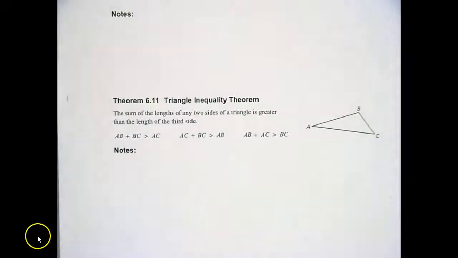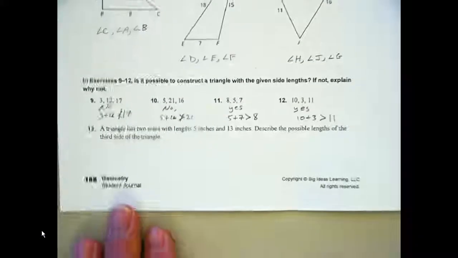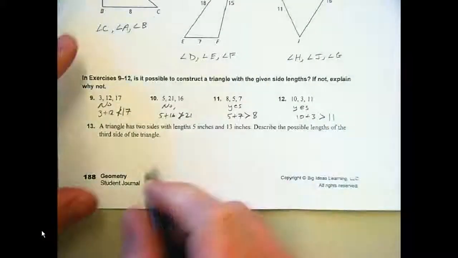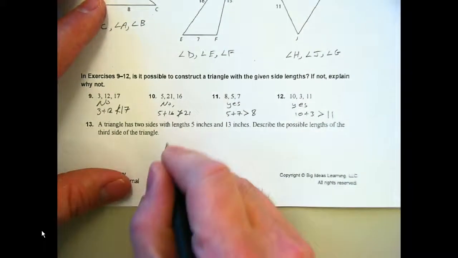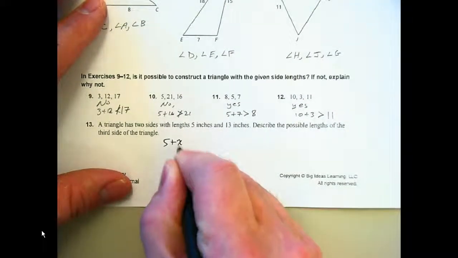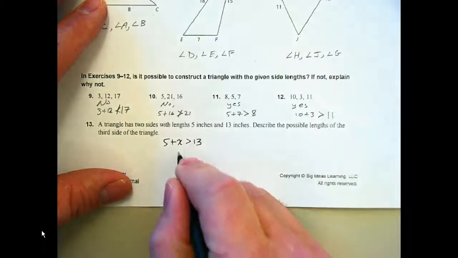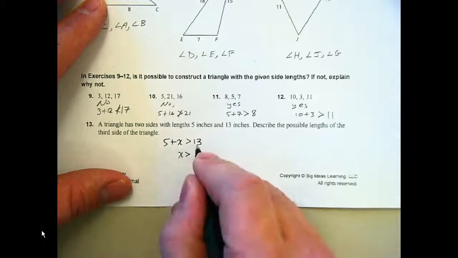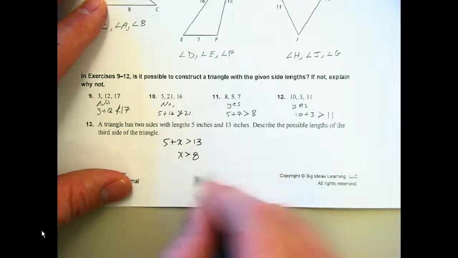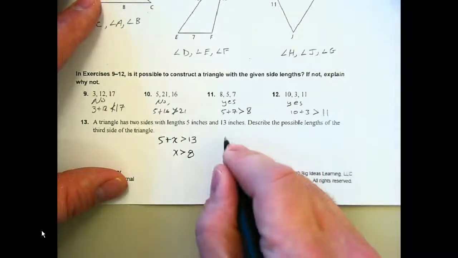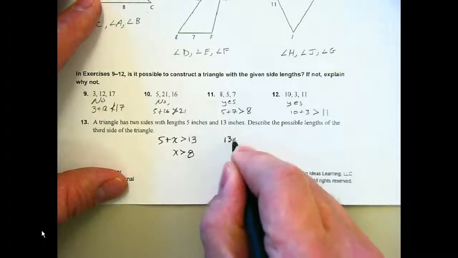All right. I need you to turn to your extra practice in your student journal, please. Looking at problem 13, if you say 5 plus x has to be greater than 13, that means x would have to be greater than 8. The other route is 13 plus 5.